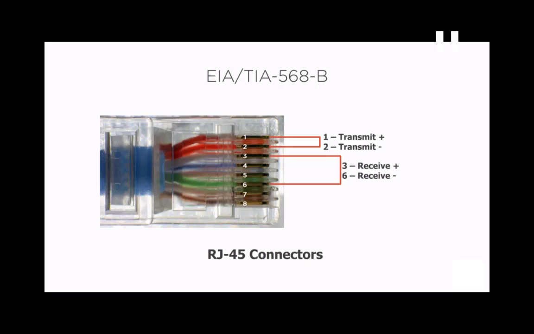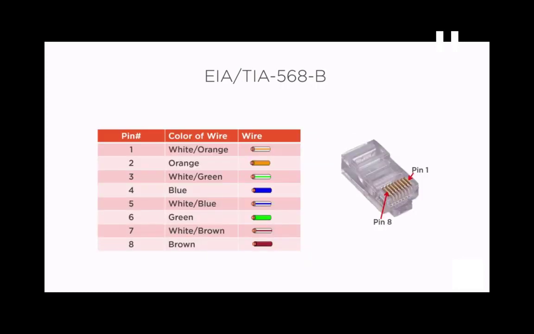So this is the color combination for making any connector. You can easily make a connector like this. In the connector, what are the colors we have to choose on pin 1 to pin 8?